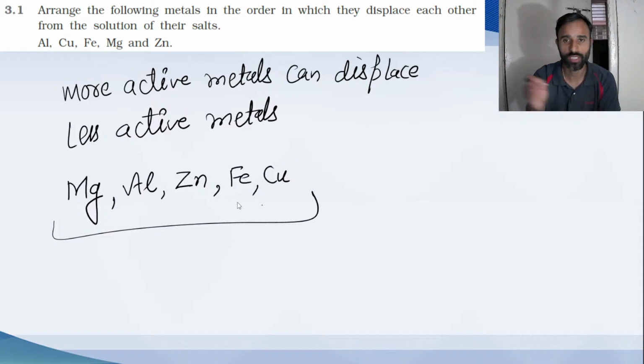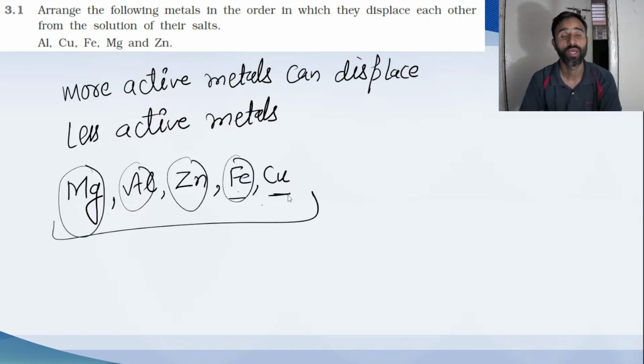In this way, they displace each other from the solution of their salt. Magnesium can displace all, aluminium can displace zinc, iron, copper. Zinc can displace iron and copper, iron can displace copper, and copper is not able to displace any one of them. This is the first question.